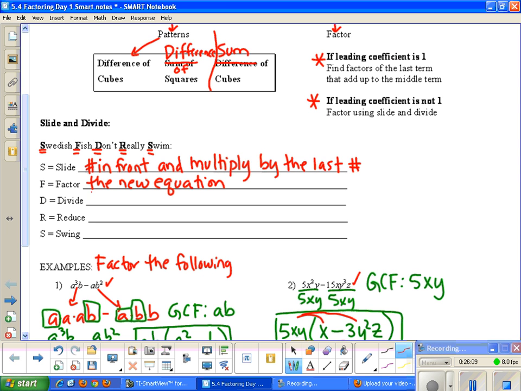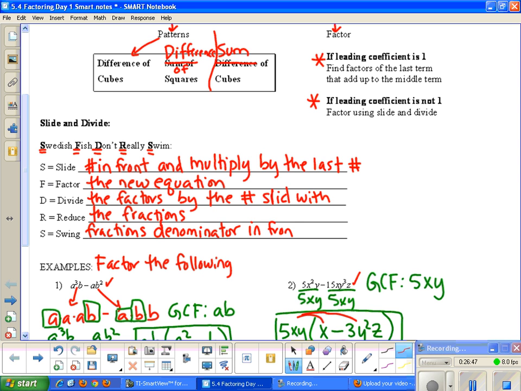D stands for divide, so divide the factors by the number slid in the beginning. R, reduce the fractions. And S, swing fractions denominator in front of the variable.